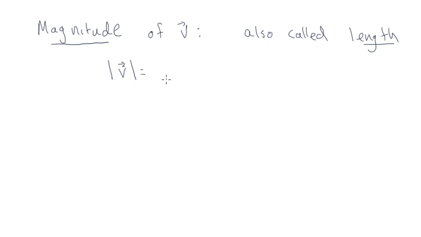And what is that equal to? Well, it's the square root of the sum of all of the components squared. And this is coming from the distance formula.